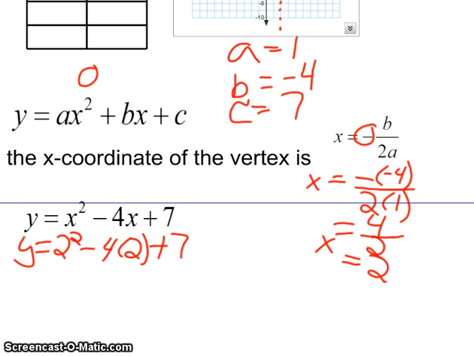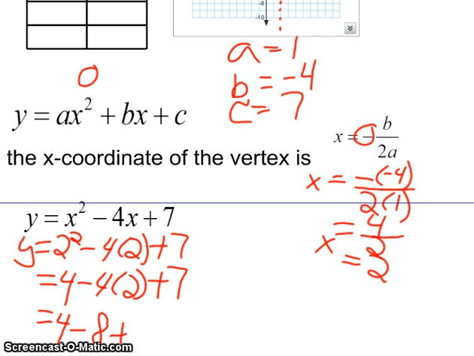And then I'm using my laws of order of operations. So the first thing that comes is exponents. 2 squared is 4. Next, I'm going to do the multiplication, bringing down the 4. And then negative 4 times 2 is negative 8. And then plus 7.